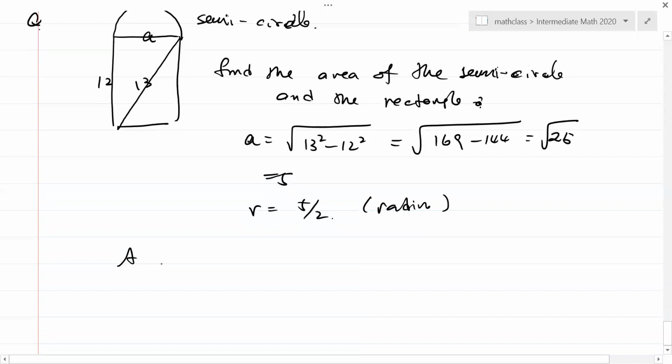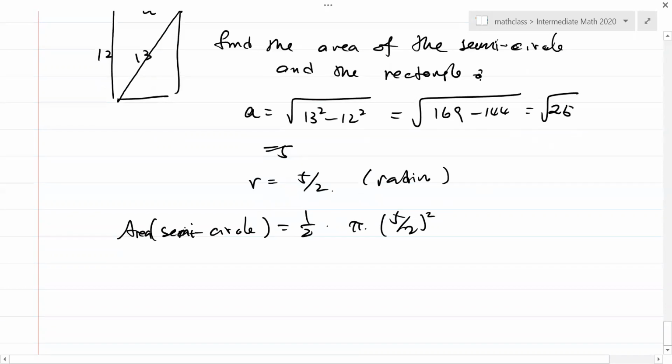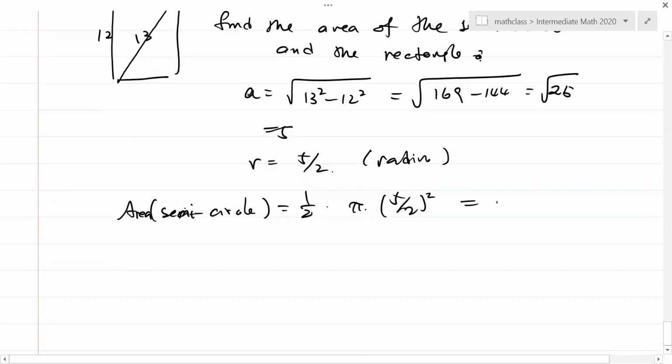So the area of the semicircle is going to be one half pi times the radius squared. So the answer here is going to be 25 over 8 pi.